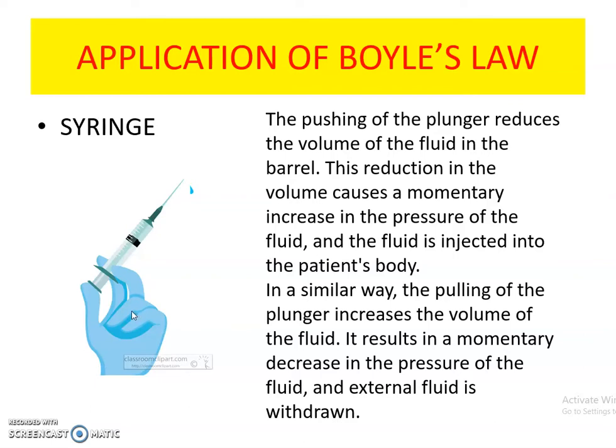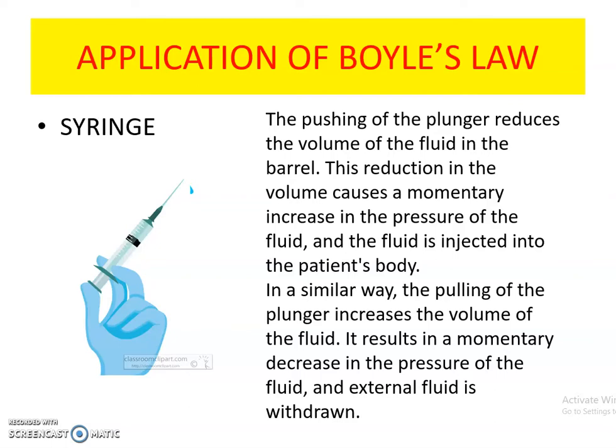Now we will see the first example, that of a syringe, in which you can see that when you are trying to push the piston inside, the volume of the liquid is decreasing, so the pressure of the fluid increases, and so the fluid enters the body of the patient.